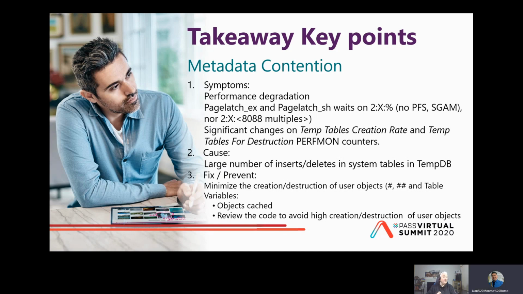Also, the most important thing is to try to find a balance between the number of objects that you are creating and deleting and what you are doing in this situation. You could have some metadata contention in some ways, but the important thing is to find this balance, based on your business needs.